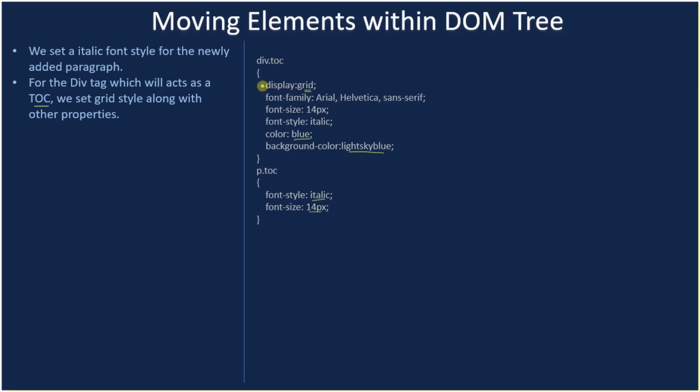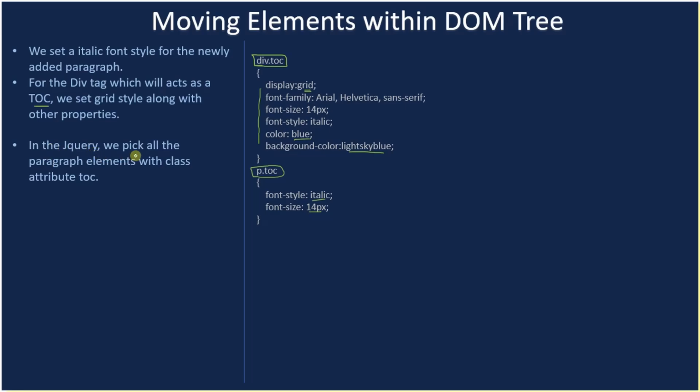And this style rule we are applying to the div that contains the class attribute table of content. We have a separate course for CSS, you can go through it. But here, we are creating the selection rule for the div element that contains the class attribute table of content, then the paragraph that contains the class attribute TOC. So these are all the styles we are giving. So that's the CSS part.